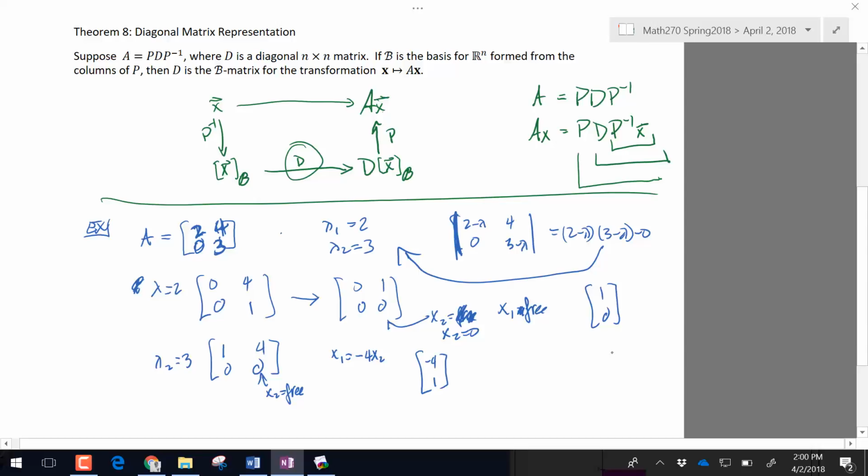So this is our V1, this is our V2. So then our P matrix, if we go in this order, is 1, 0, minus 4, 1. And then our D matrix is going to be 2, 0, 0, 3.